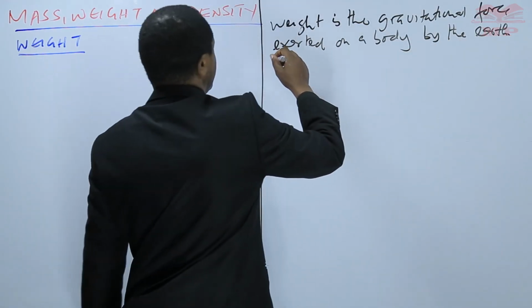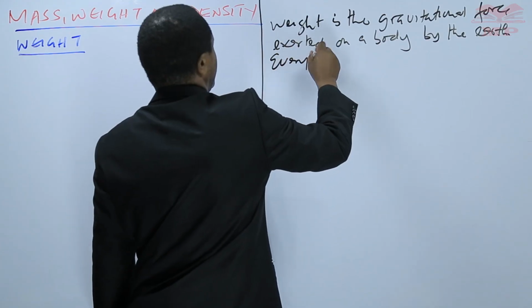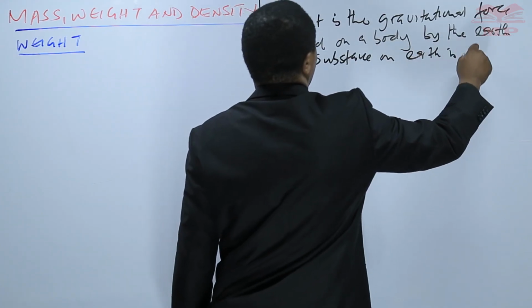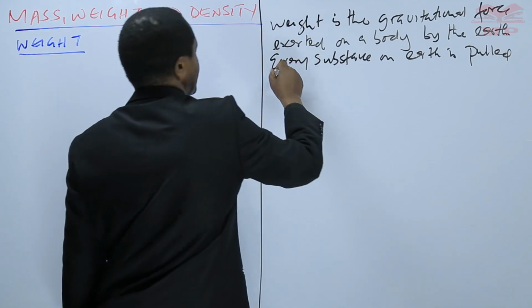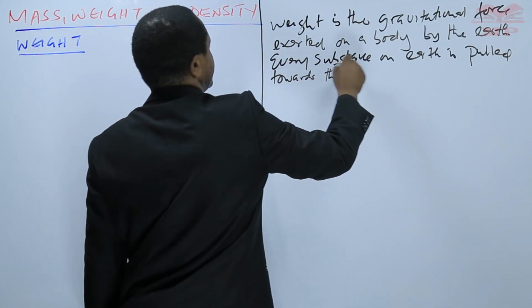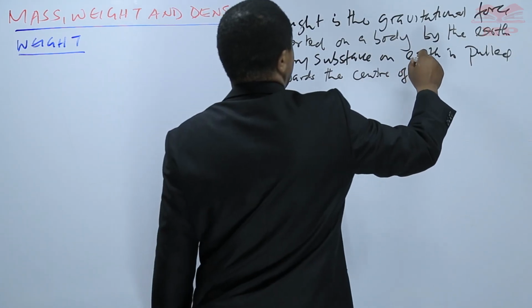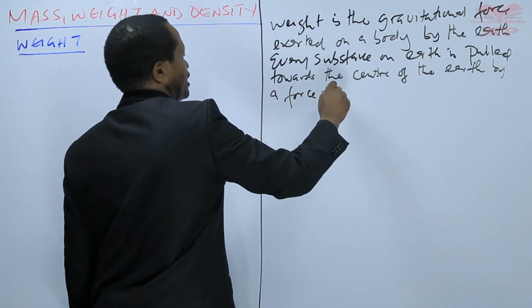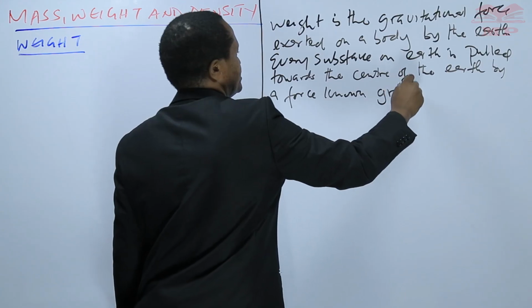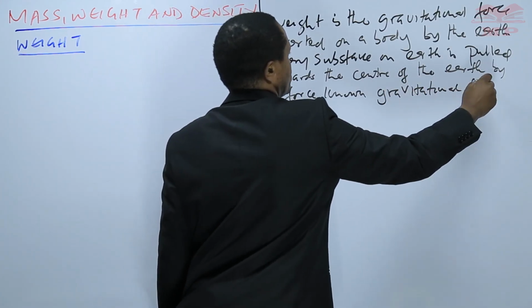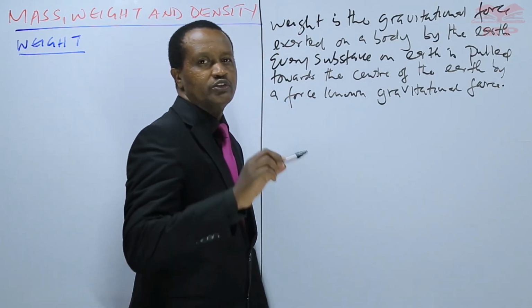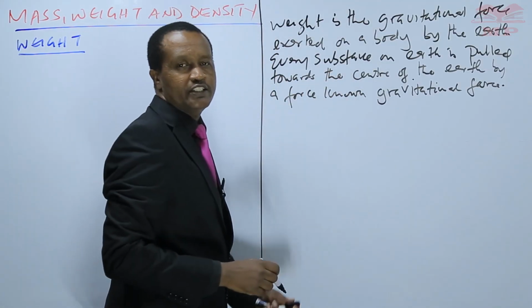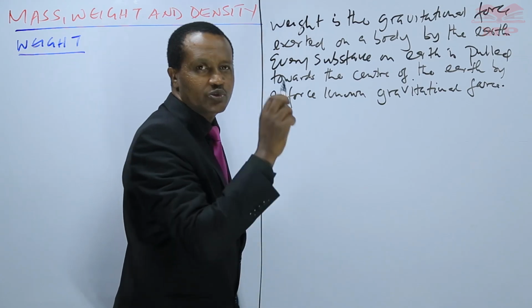That's what we said last time, that every substance on the earth is pulled towards the center of the earth by a force known as gravitational force, or what we call the force of gravity.